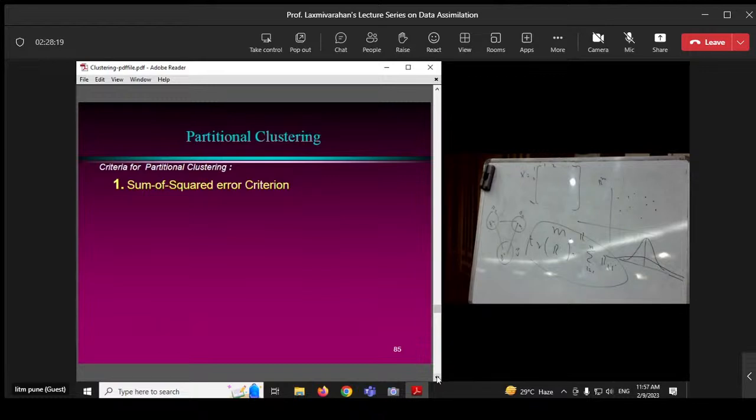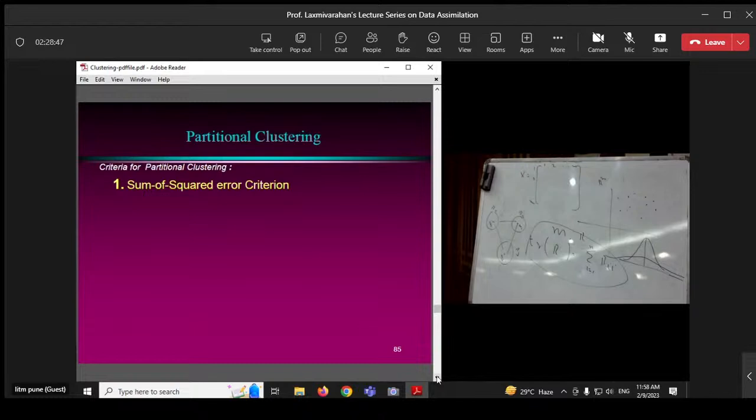Now, on top of it, I'm going to bring in another criterion. I have an initial clustering, but I should have the ability to rearrange objects. When I try to rearrange objects, what criterion am I going to use? To make the clusters as tight as possible, and as far apart as possible. That's one of the considerations in partitional clustering.